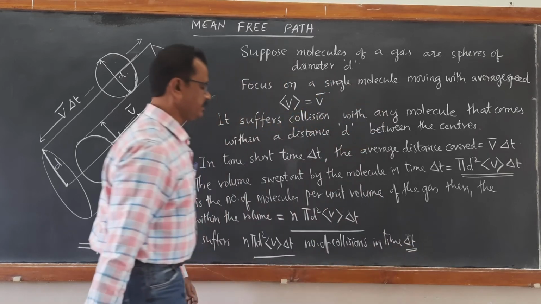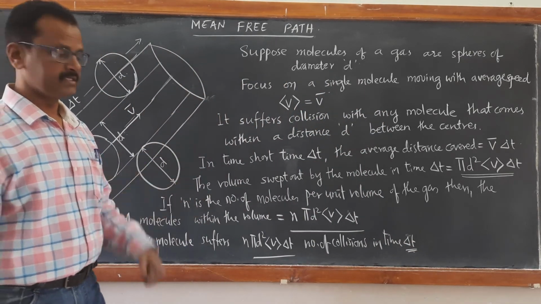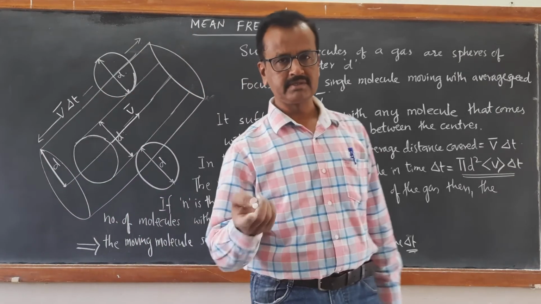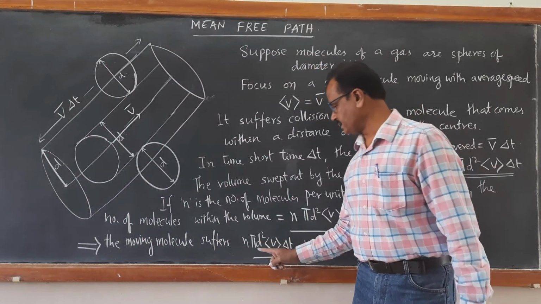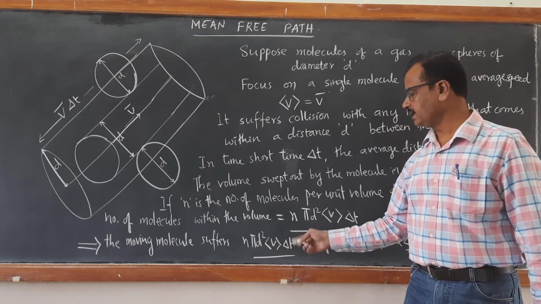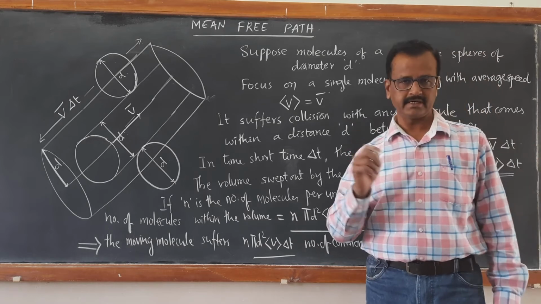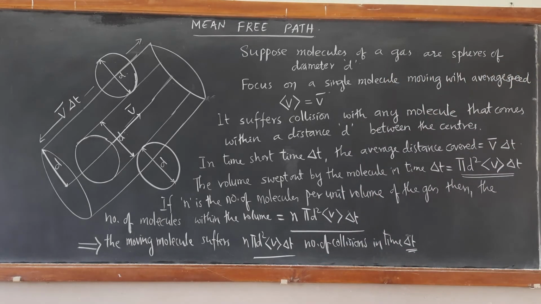Now I can calculate the number of collisions per second. That is what we call collision frequency. Number of collisions per second is n pi d square v delta t divided by delta t. Delta t cancels. That gives us the number of collisions per second, also called collision frequency.